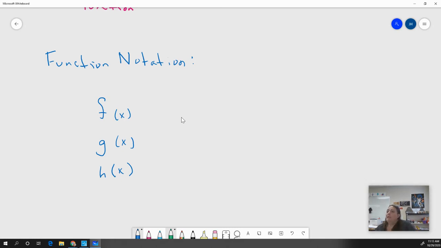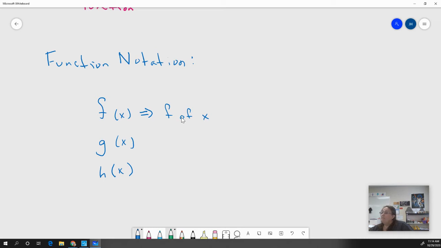We aren't doing anything with this x. I know usually when you see something in parentheses, it might look to you like f times x, but it's not. How you would really interpret this, you would say it as f of x.